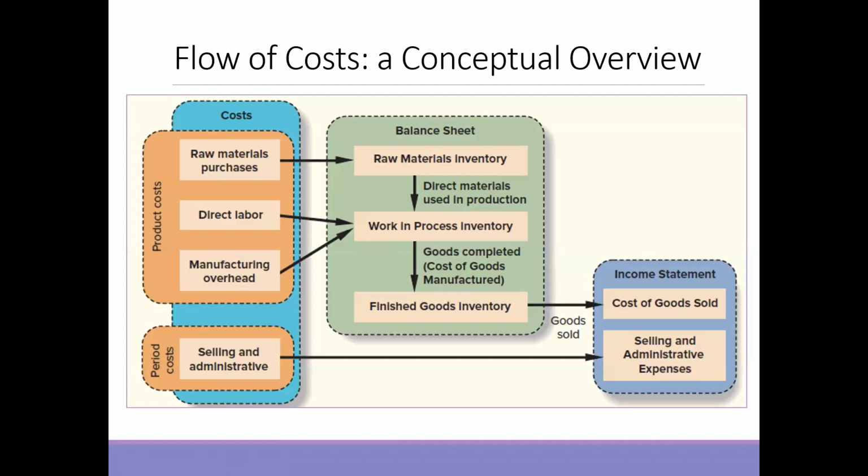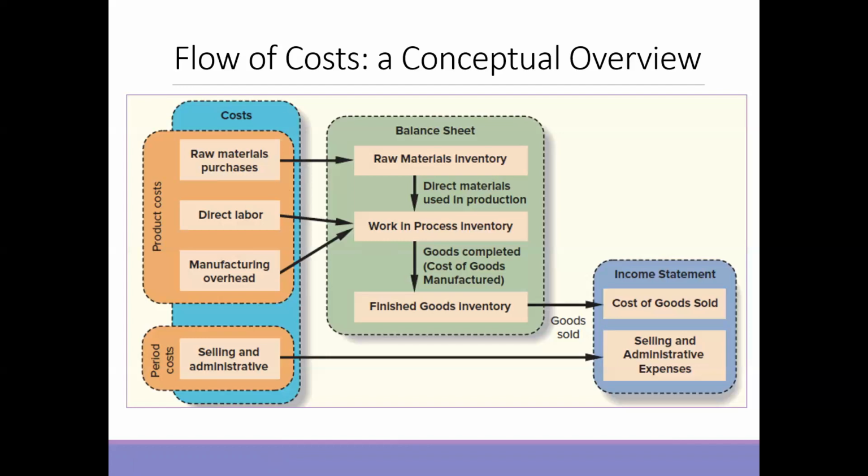On the balance sheet is where you're going to see your inventory. Remember, inventory is a current asset, and it consists of raw materials, and then there's a big area that's called work in process.